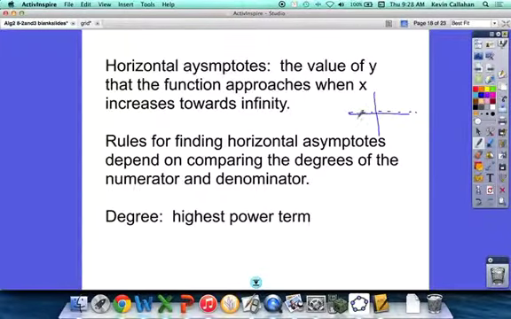You could have a piece of that graph cross the horizontal asymptote when x is small, but at the ends of the graph it approaches whatever you find for the horizontal asymptote. A vertical asymptote is a line the graph never touches. A horizontal asymptote is not that. We had a name for this: the function approaches when x increases toward positive infinity or negative infinity, called the end behavior.